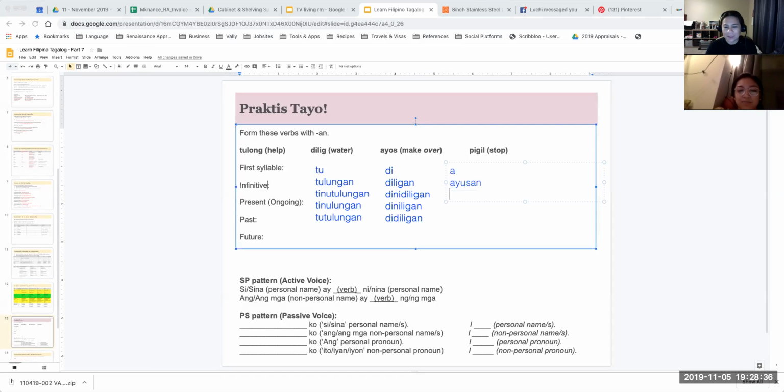Infinitive, ayusan. Present is inaayusan. Past is inayusan. And then future, aayusan. Okay, it's kind of consistent, isn't it? You just have to remember the pattern.